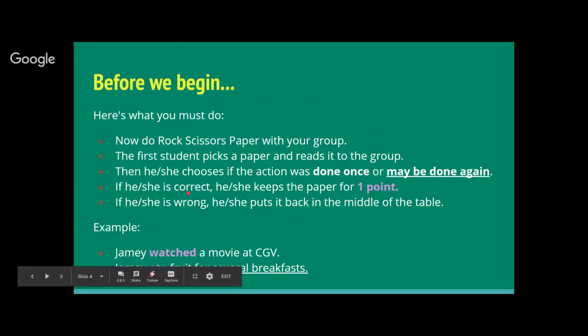If you are correct, you keep the paper, and by keeping a paper, you get 1 point. If you are wrong, you put the paper back in the middle of the table. So I'll give you a few minutes to do this with your partner. Try to play for, let's say, 2 minutes.